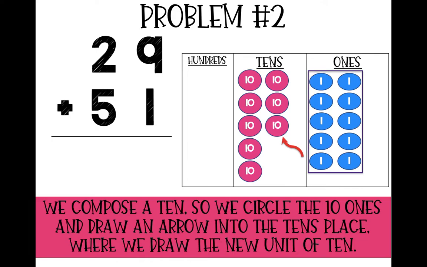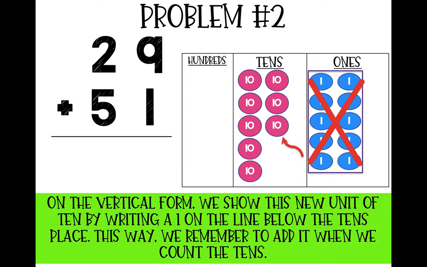Once you have your new 10 and your arrow pointing to that new tens disc, we can cross out those 10 ones because we don't have them anymore. We exchanged them for a 10. On the vertical form, remember, we need to show the same things that we have in our place value chart. So we're going to show this new unit of 10 by writing a 1 on the line below the tens place, just like this.